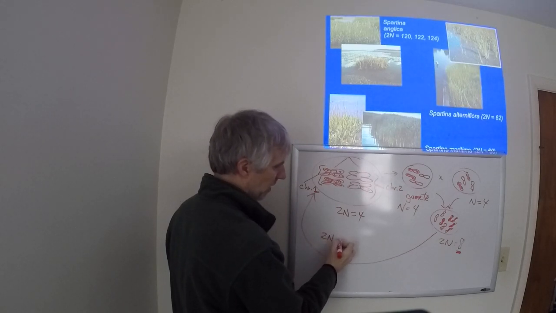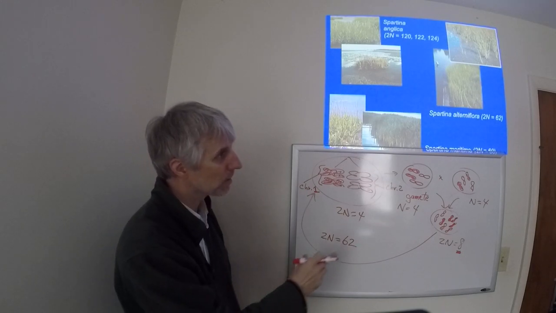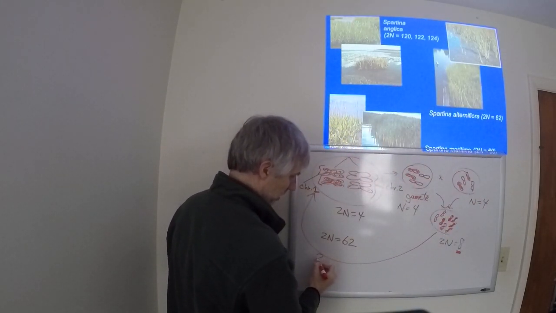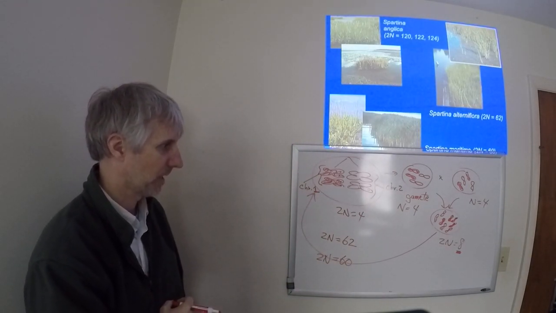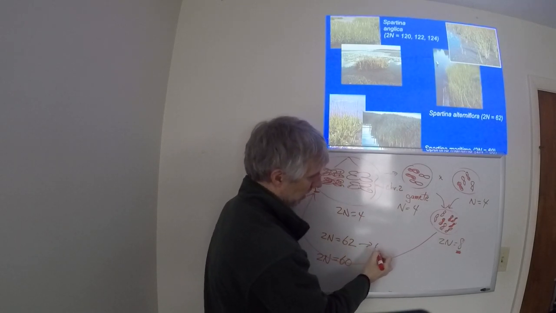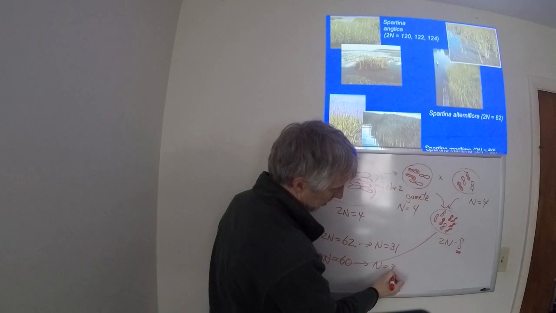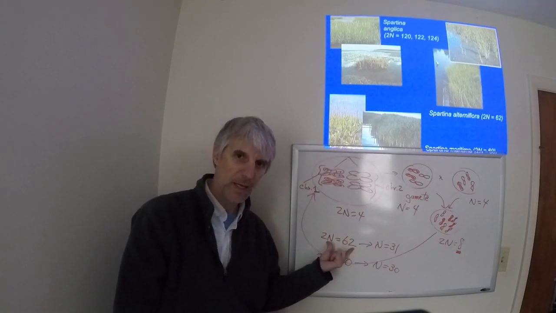If Spartina alterniflora is a 2n of 62, and Spartina maritima is a 2n of 60. Normally, I'd make an n equals 31, and this would make an n equals 30. But this one messed up meiosis.